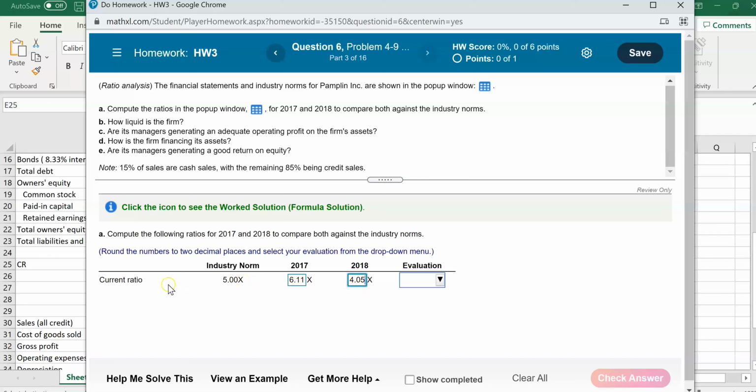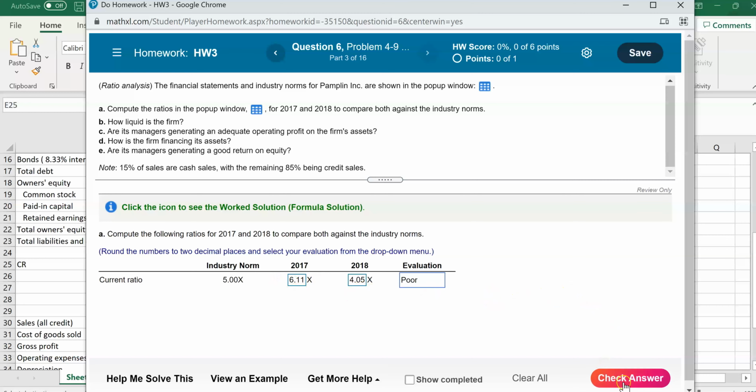Current ratio is a measure of the liquidity position of the firm, right? So based on this comparison, the liquidity position relative to the industry norm has deteriorated between 2017 and 2018. And we can see this is poor, right? Because it's lower than the industry norm and it's decreasing between these 2 years.